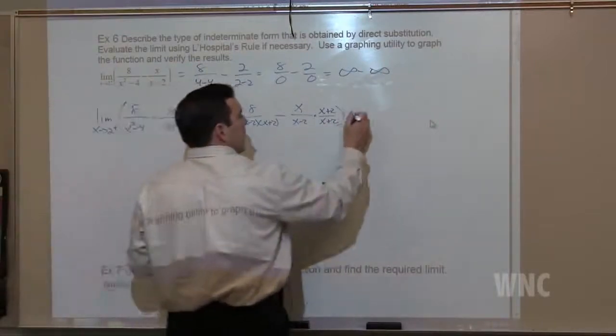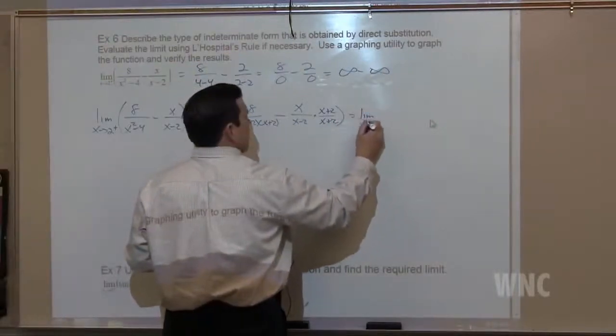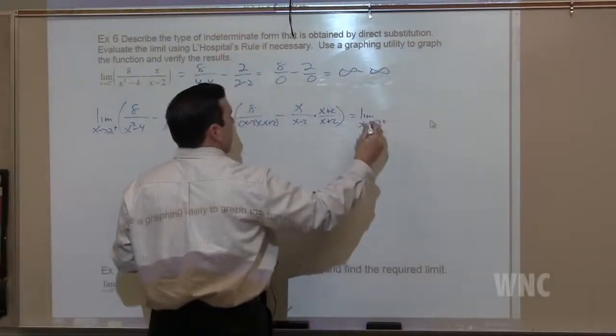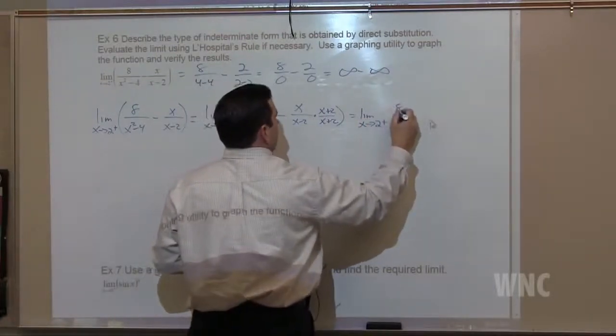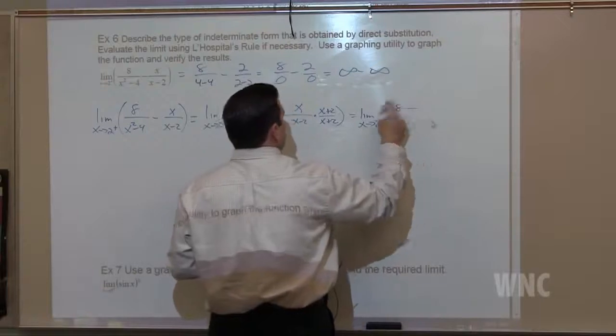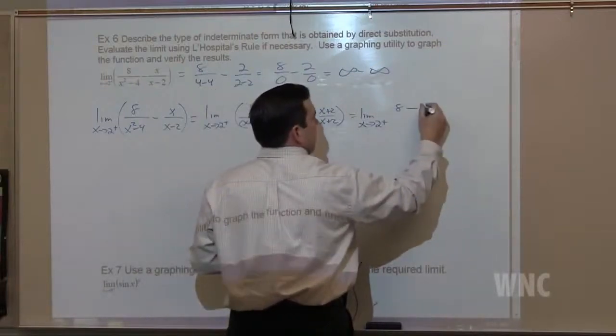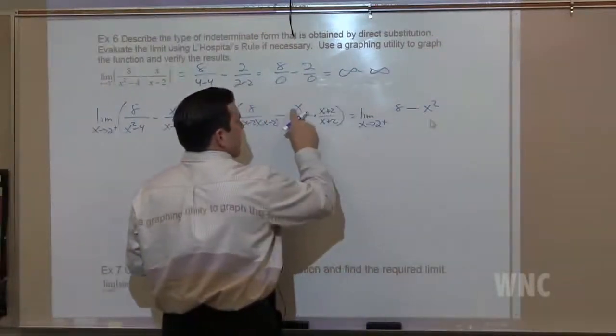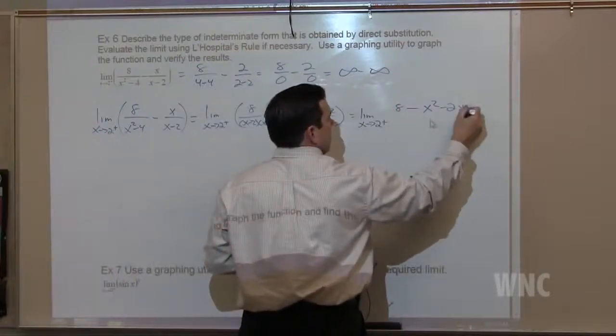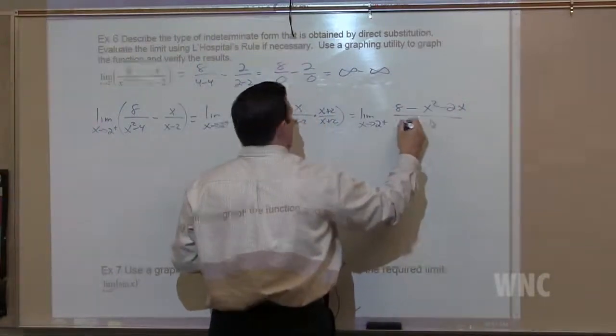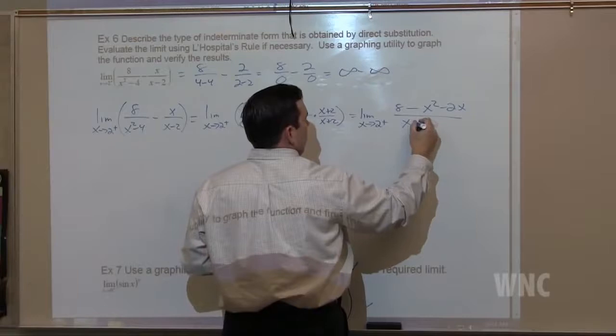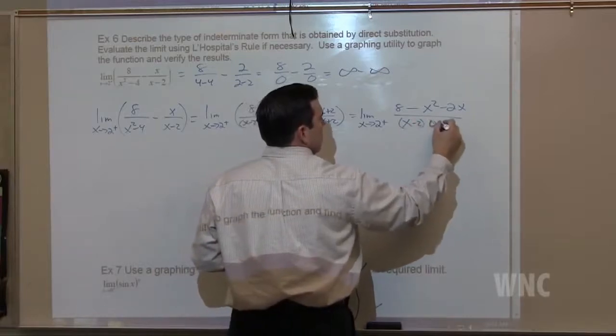And this will give us the limit as x goes to 2 from the right side of 8 minus x times x is x squared, x times 2 is 2x, over x minus 2 times x plus 2.